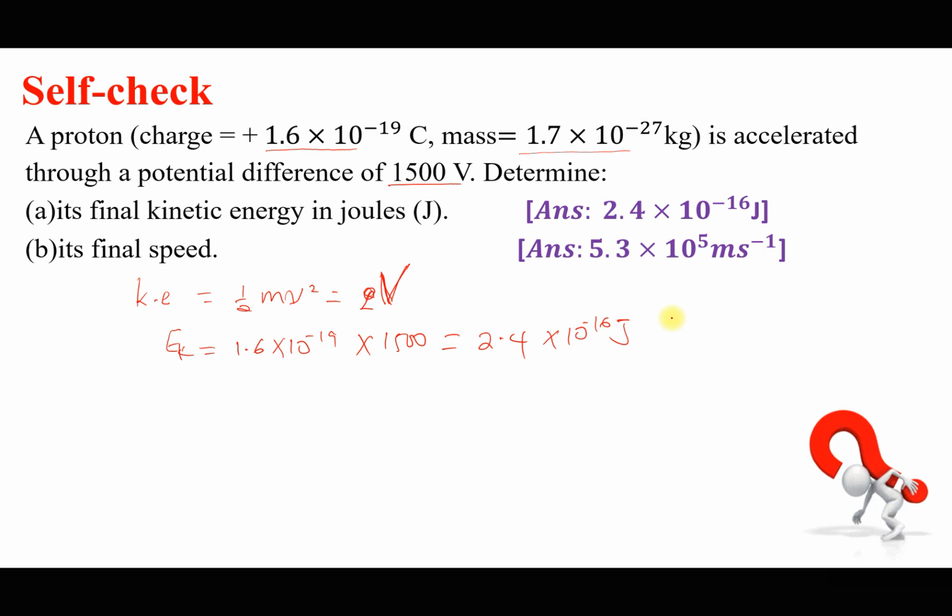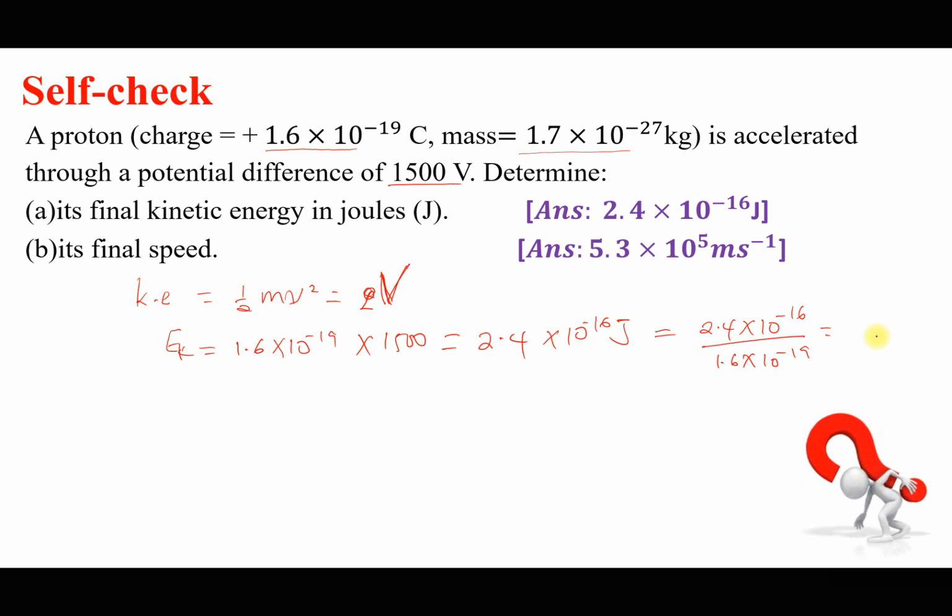Of course, this is a very small energy, so the unit joules might not be good enough. If you want this in electron volts, you just say 2.4 times 10 to the power of minus 16 divided by 1.6 times 10 to the power of minus 19, because from joules to electron volts we divide, and from electron volts to joules we multiply.